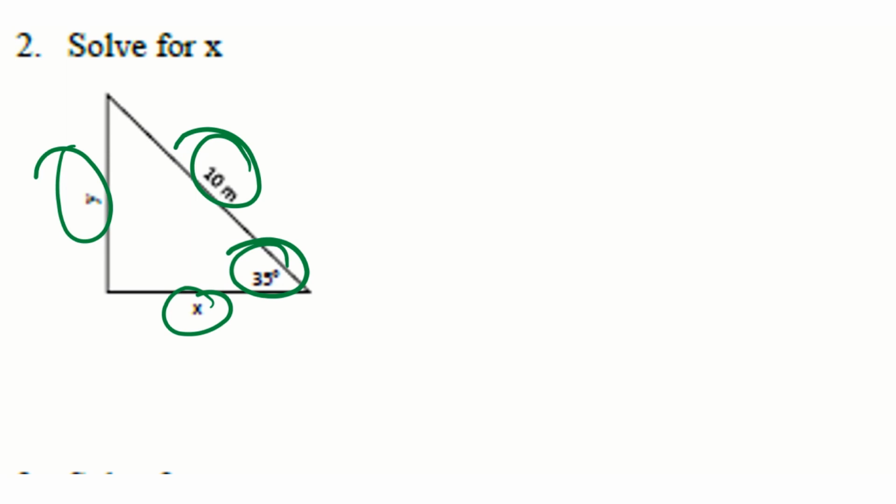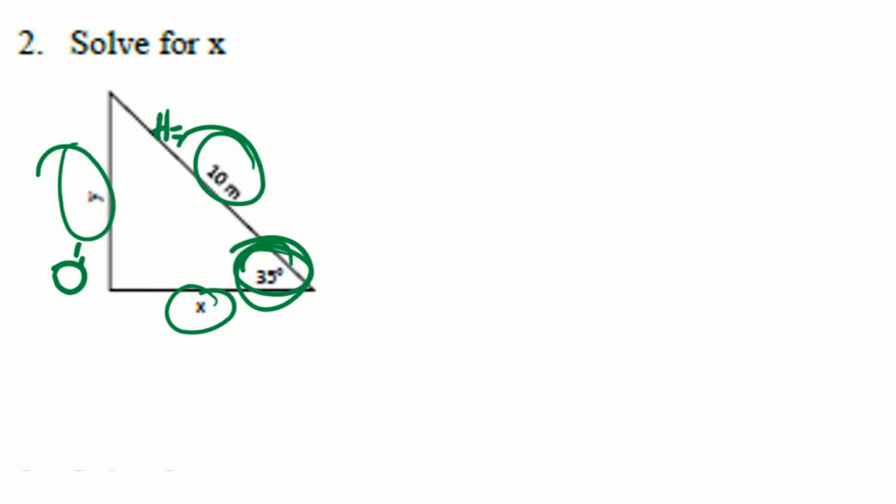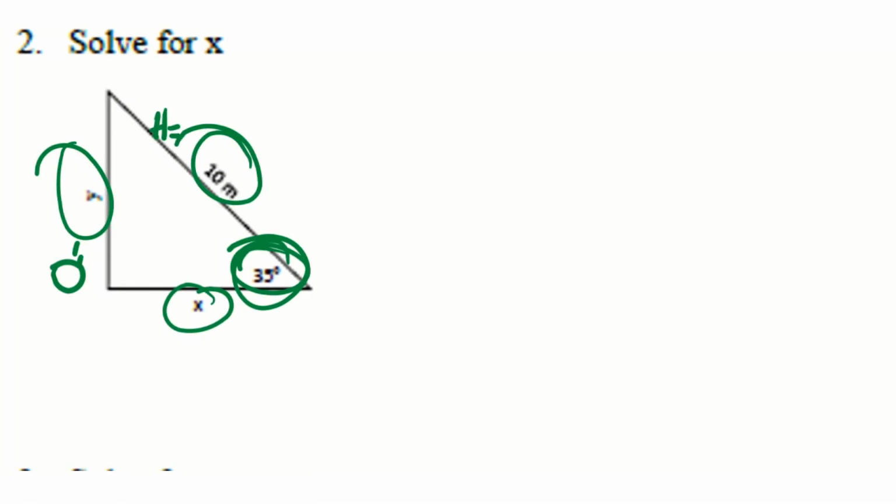If you remember from what we talked about with SOHCAHTOA, you need to remember which ones are the opposite, adjacent, and hypotenuse. The hypotenuse we know is this one, the longer side. Opposite means that it's opposite to the angle. Adjacent means that it's the side that is next to the angle. So this would be adjacent.